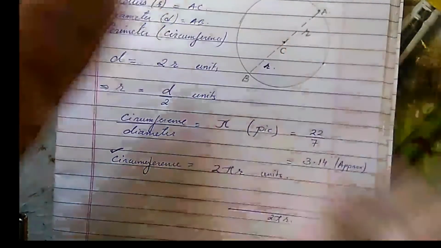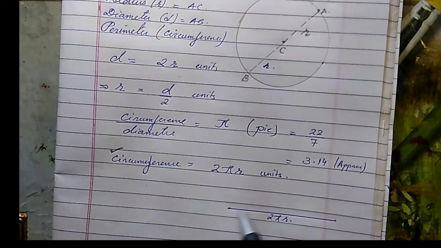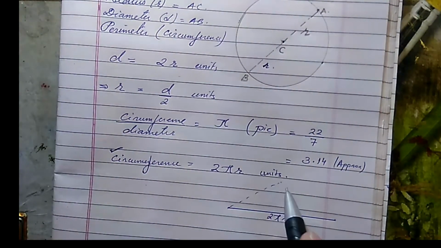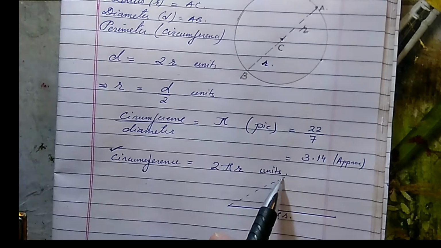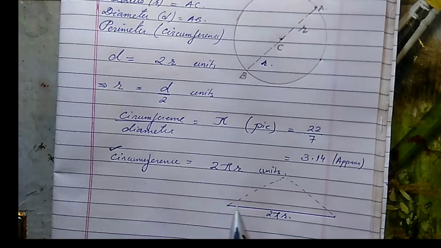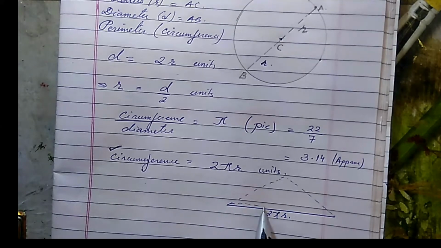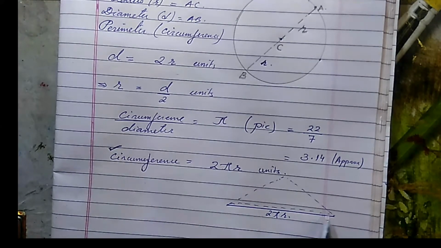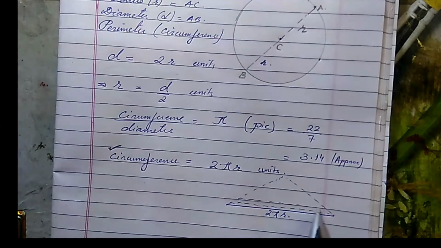If we cut open all this, then we will get an isosceles triangle such that the length of each circle will keep on decreasing.